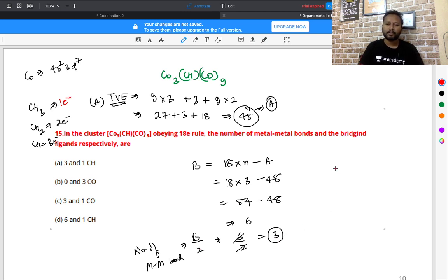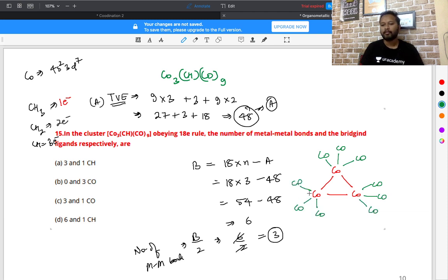Now if you have 3 metal bonds, how will they be attached? They will be attached by these 3 metal bonds you got. Now you have to make CO9, that means 9 carbonyl ligands. So let me just divide it equally. I'm giving 3 carbonyl ligands to each metal center. I'm drawing the probable structure which could be the possible structure.